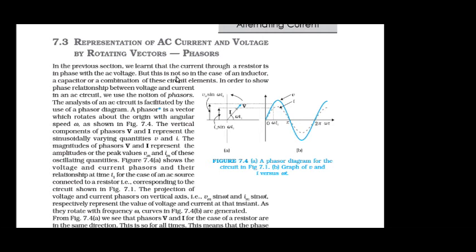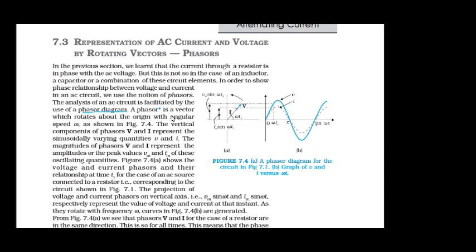But this is not so in the case of an inductor, a capacitor, or a combination of these circuit elements. In order to show the phase relationship between voltage and current in an AC circuit, we use the notion of phasors. The analysis of an AC circuit is facilitated by use of a phasor diagram.